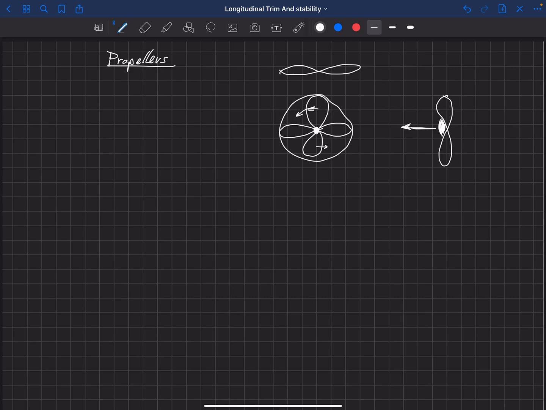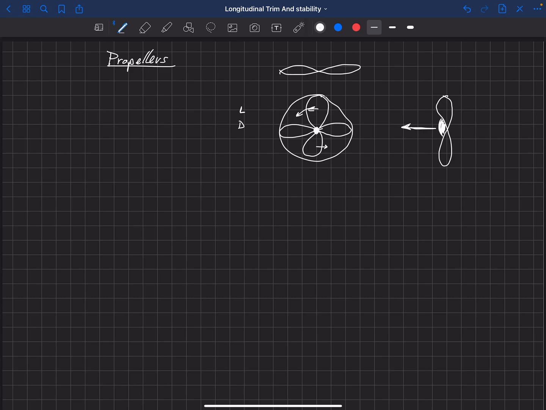Okay, so let's look at the forces on this. I'm going to call them lift and drag forces on the blades of this propeller as it moves around. These aren't exactly the lift and drag, but these are basically the in-plane forces and out-of-plane forces, okay?